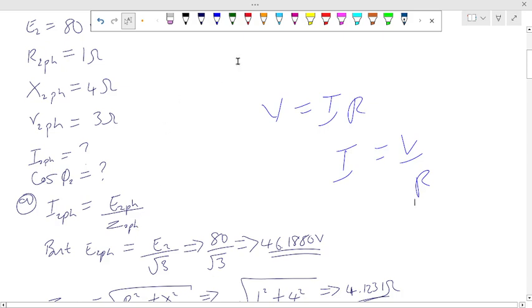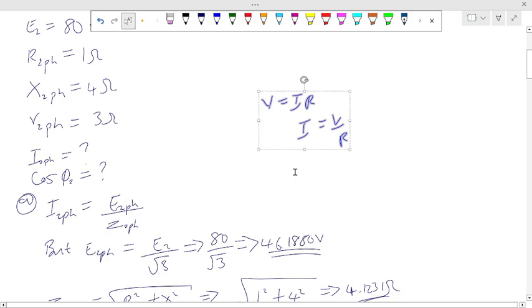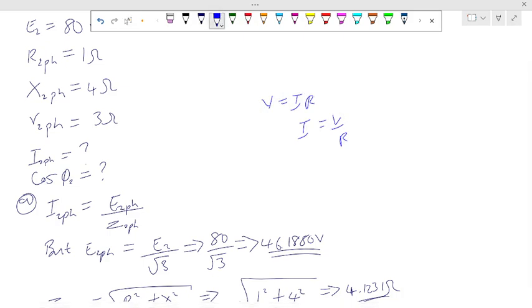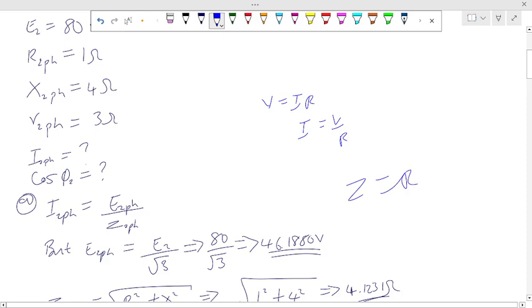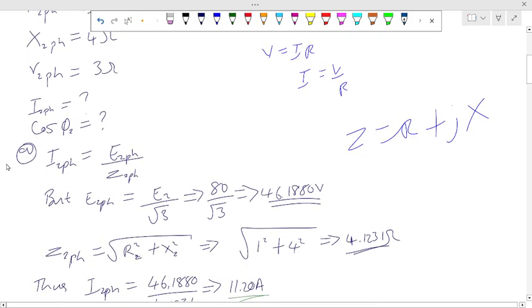When dealing with impedance, we know it is the sum of the real part, which is resistance, plus the imaginary part, reactance. So all we have to do is get the value of this, substitute it in, calculate, and we've gotten our current per phase. Are we together?